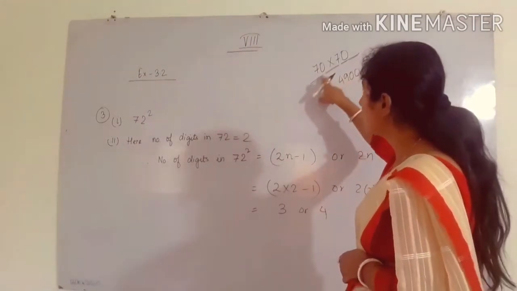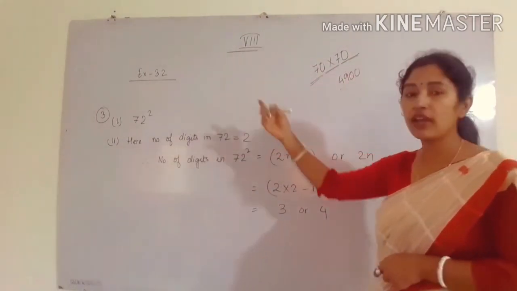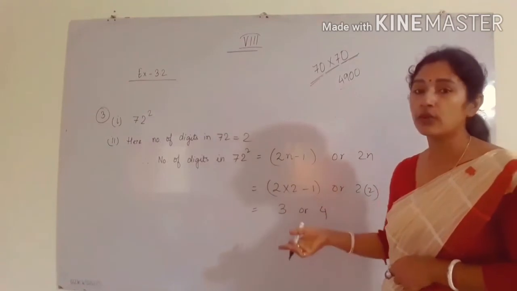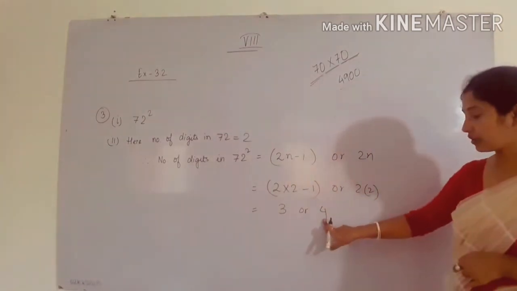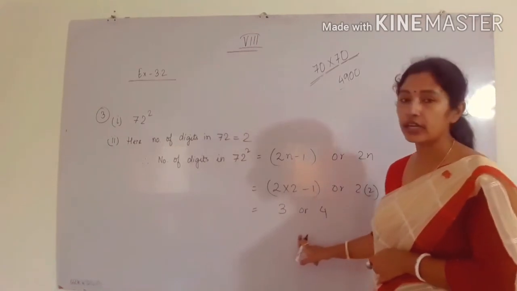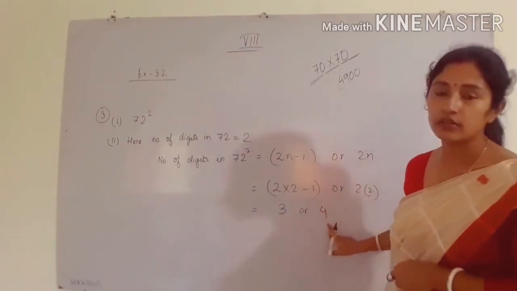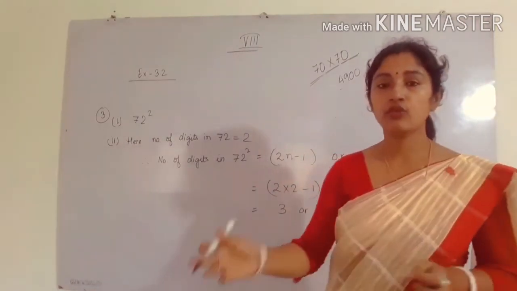So see, if 70 square has 4 digits, then 72 square will have how many digits? Yes, 4 digits. So you can write like this. This will also be correct, and if you want to write the correct answer, you can write 4. But you have to check like this.